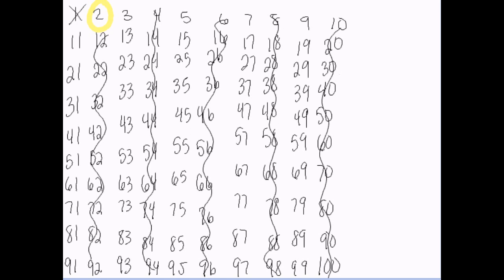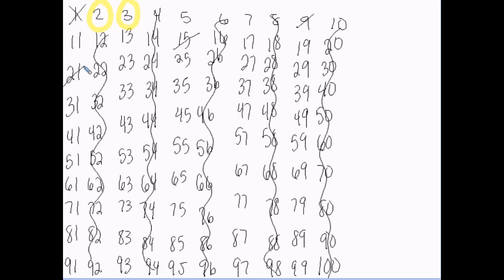So my next number on the list is 3. 3 is prime. Every number that multiplies by 3, however, won't be prime. So you got 3, 6, 9, 12, 15, 18, 21.